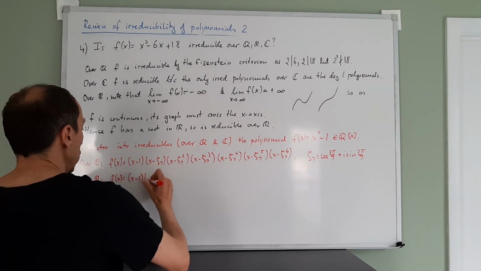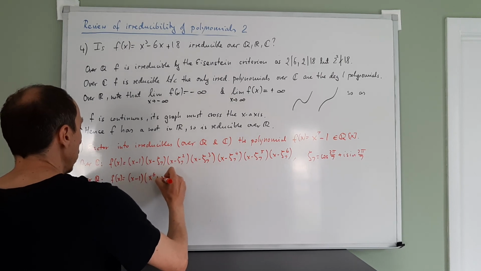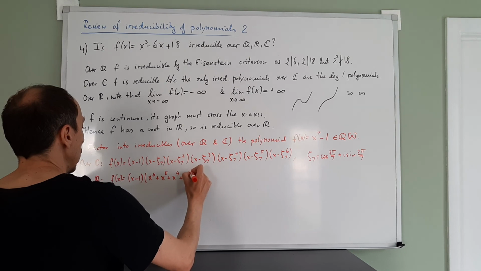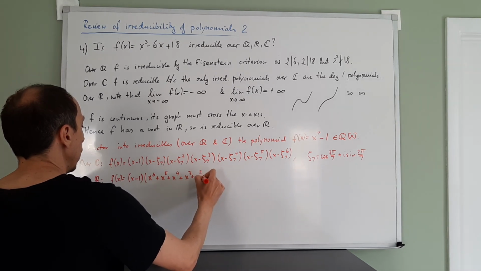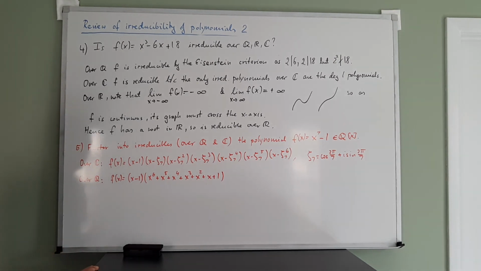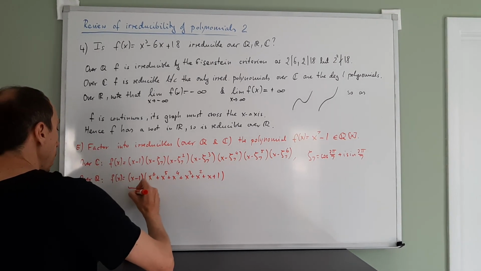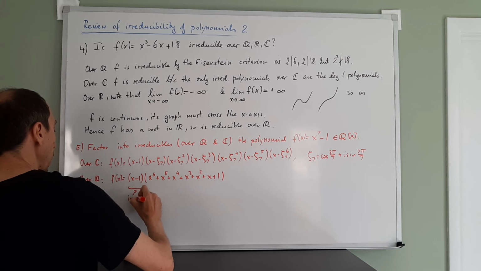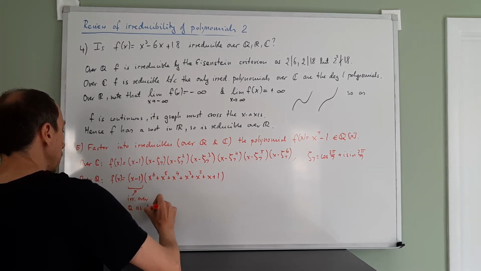Or you can just notice it's always the same pattern, that the other factor is going to be this. Now this is irreducible, as the degree is 1.